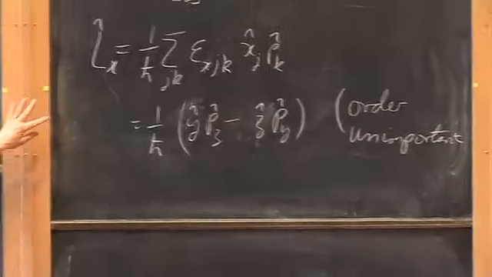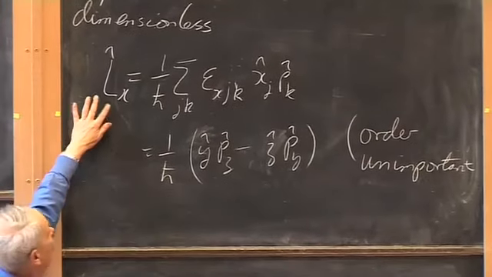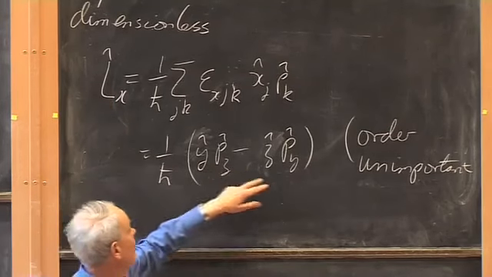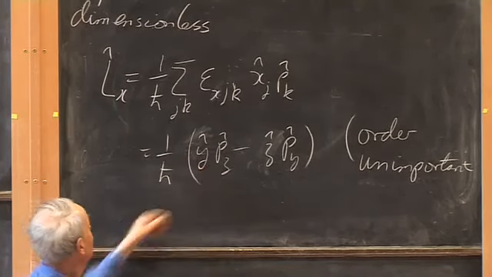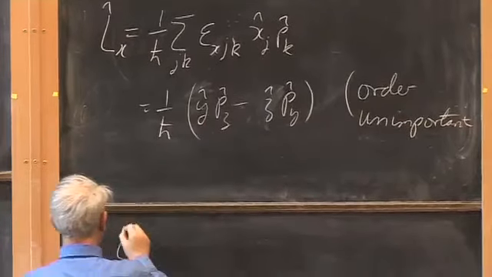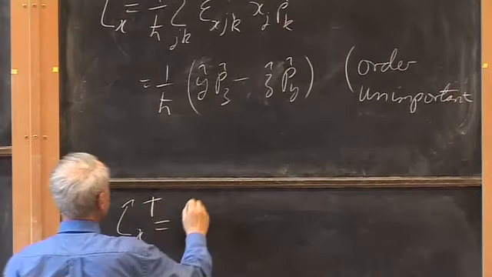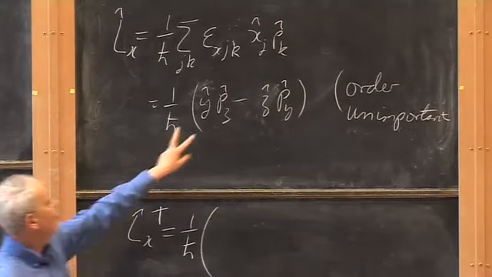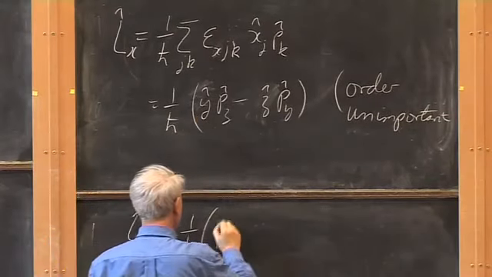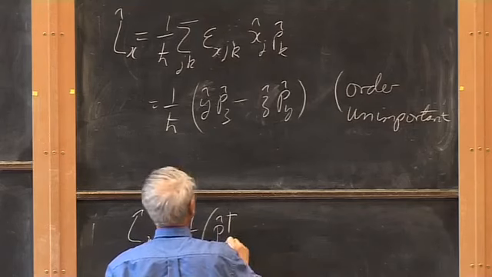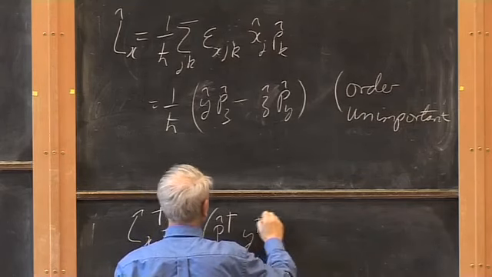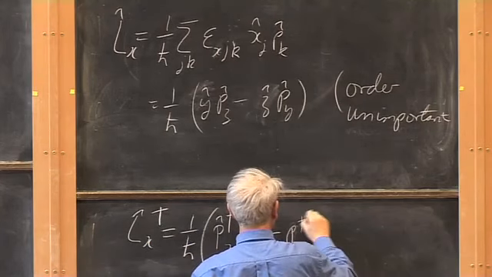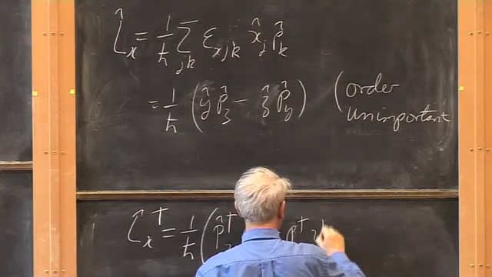Lx is also going to be a Hermitian operator, because if we take the dagger of this equation, we will have the dagger of y. Well, let's do it. Lx dagger is going to be 1 over h bar. The rule is when you take the Hermitian adjoint, you have to reverse the order of the operators, so it's going to be p z dagger y dagger minus p y dagger z dagger.